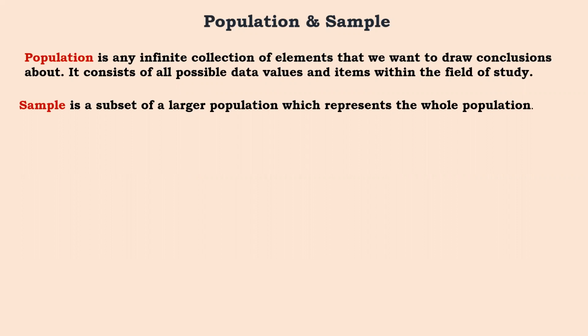A sample is a subset of a larger population which represents the whole population. For example, if I take students of a college, that becomes the example for a population. And next, if I say students of a class from that college, that is the example for a sample.